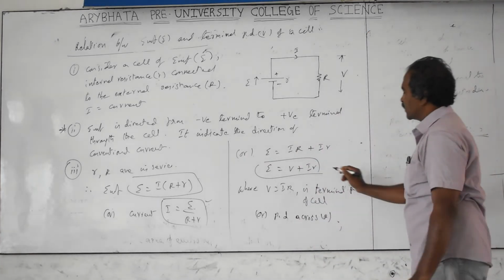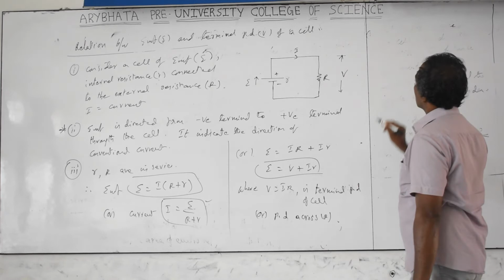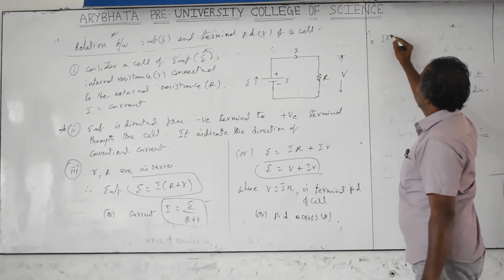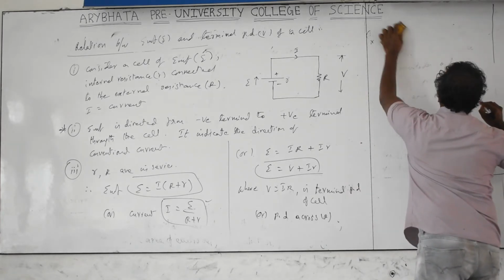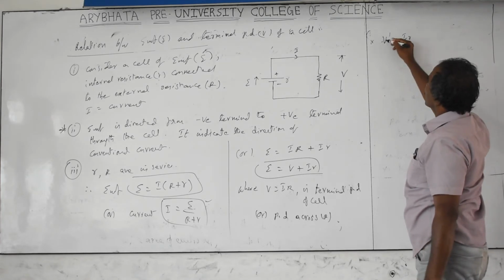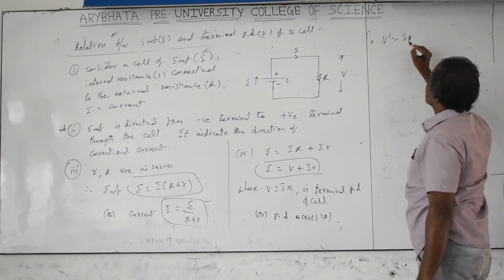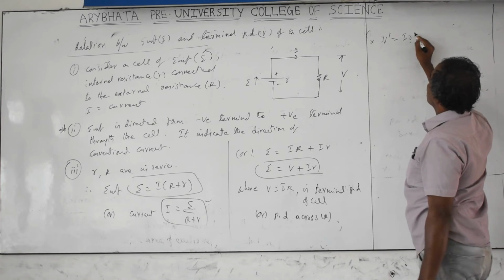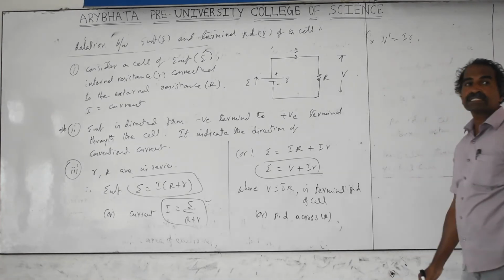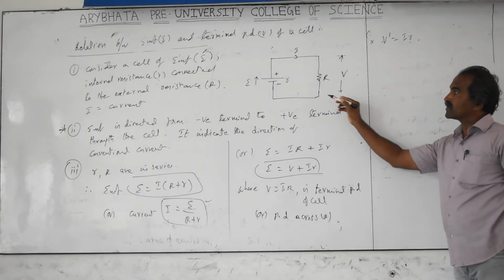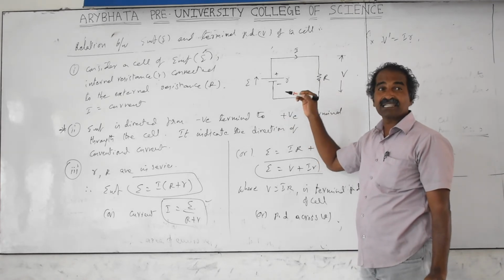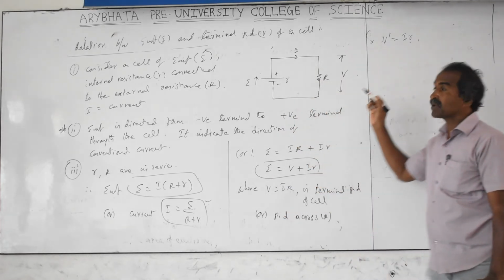What about this I into small r? I into r is called the lost volt. We generally take it as V prime also, but the symbol is not fixed, I just give it as an extra symbol. Not compulsory. You just need to know that I into r is a voltage drop across the internal resistance of the cell. Some voltage is decreasing, that is nothing but waste of voltage. More internal resistance means more loss of voltage.